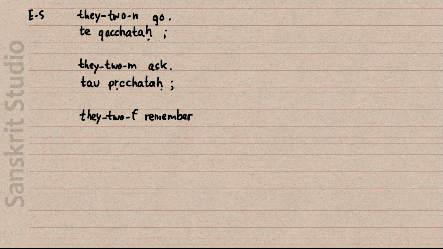So we have gachati up here, we have pṛcchati in the middle, and then we have the feminine form, so we have to use te here again, and smarati here in the word smarati, but the right form, third person dual, smarataḥ, like that.